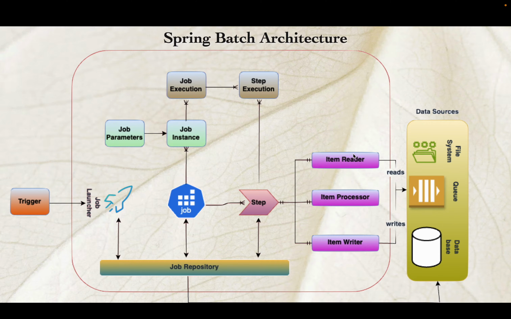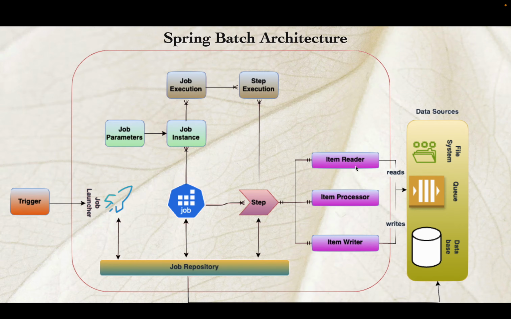This item reader will read the data from Excel in our example, and if I need to process that data, the item processor will take care of it. Then I am going to write it in the database. So who will write it in the database? Item writer will write it in the database. So mainly we are going to write a job, and that job may have multiple steps, and for each of these steps we are going to write an item reader, item processor and item writer.